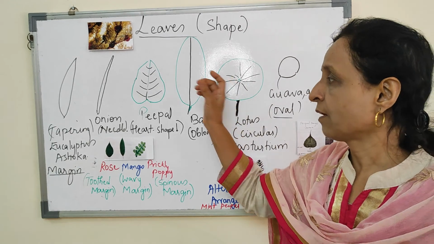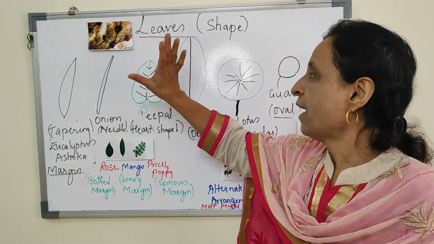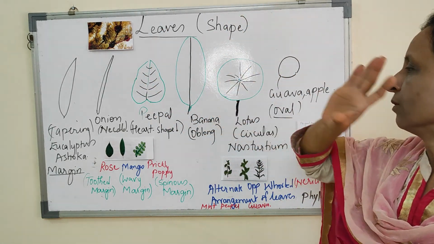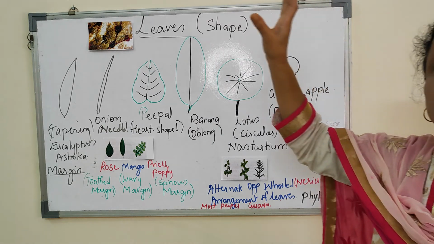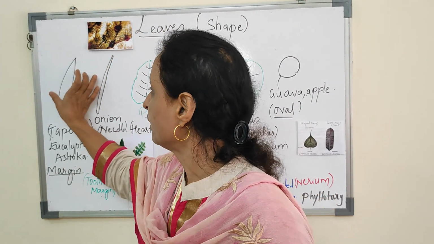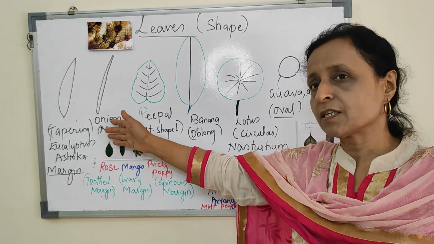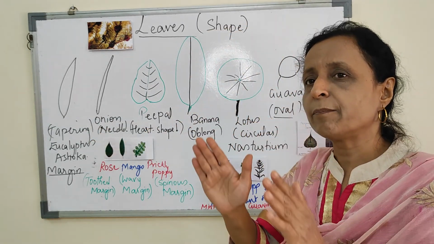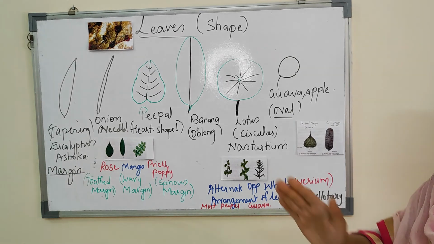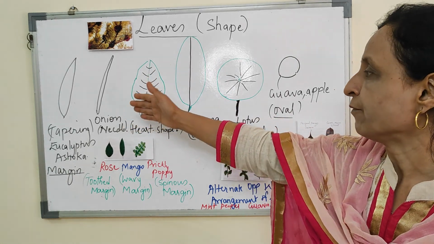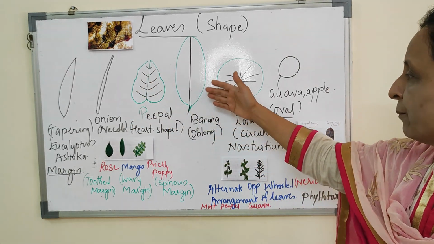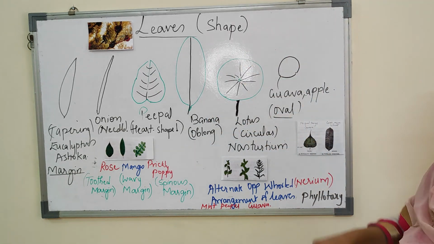So, needle-like, heart-shaped, oblong. Then there are tapering leaves. Example, eucalyptus, ashoka. They are tapering downwards, so they are known as tapering leaves.